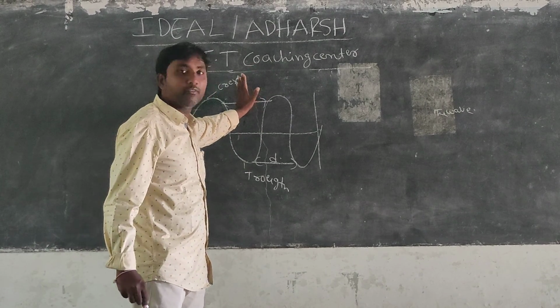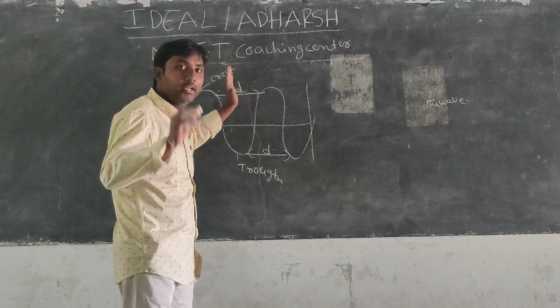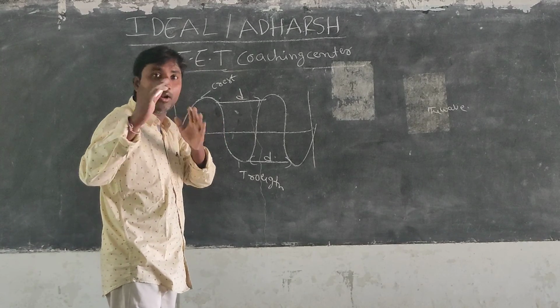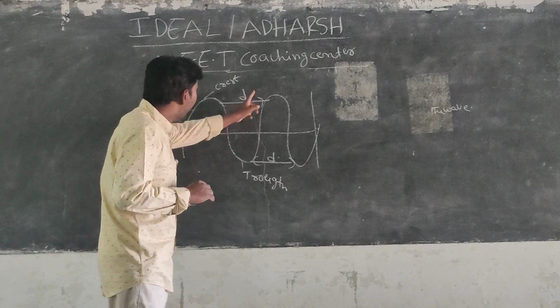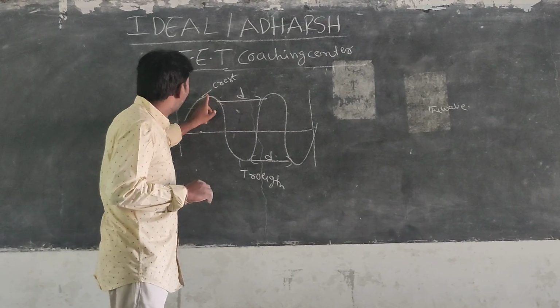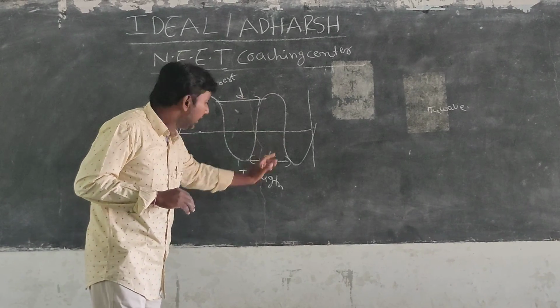So for wavelength I explained this oscillation. Oscillation means when radiations are emitted or absorbed in the form of a wave. Up is the crest, down is the trough.